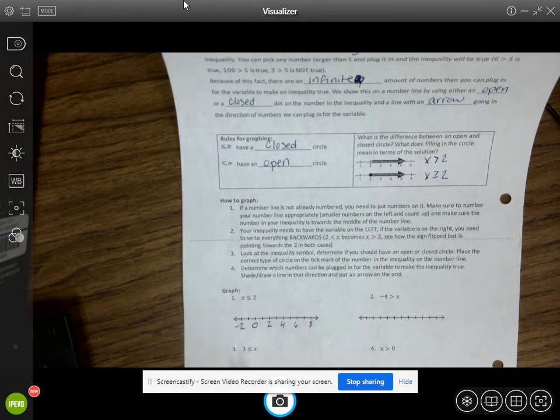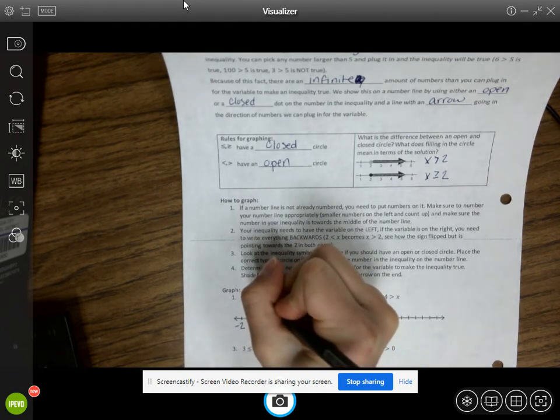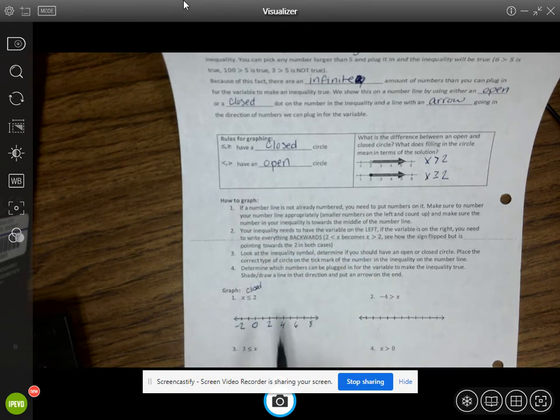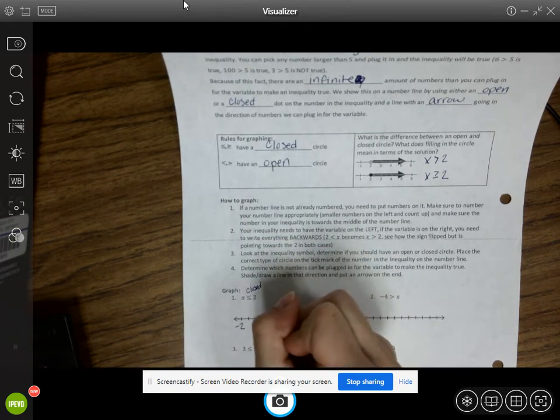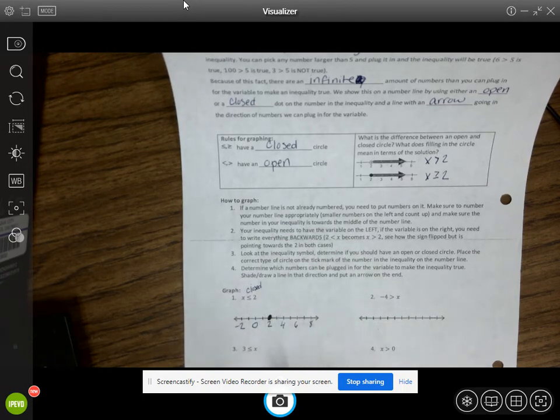I'm counting in order. Now I'm going to look at my symbol. It has my line underneath. That tells me I should have a closed circle. So on 2, I'm going to put a closed circle on that number. That means 2 is included as a solution. Now it says x is less than or equal to 2.